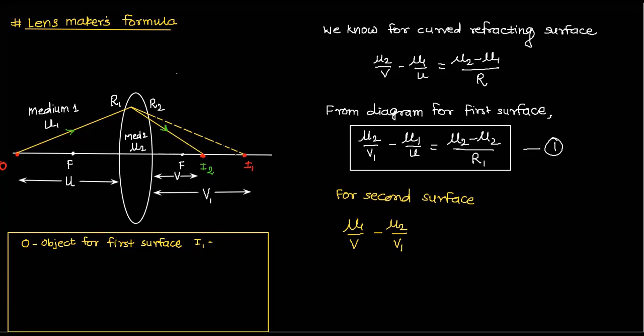Just I will write like this: O is object and I1 is image for first surface, for first refracting surface.